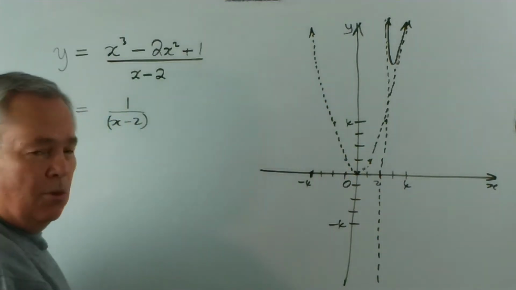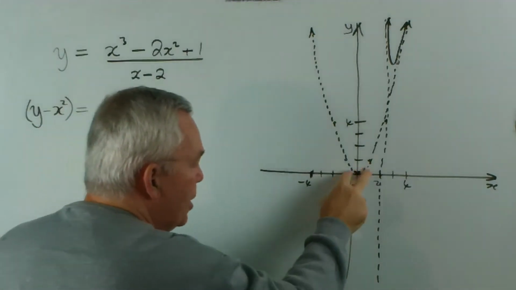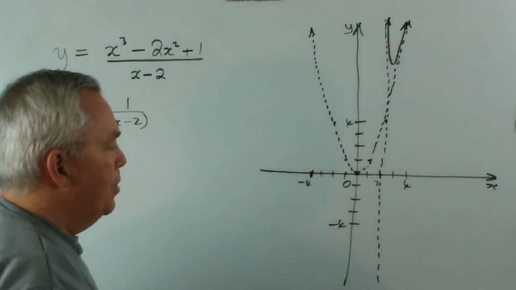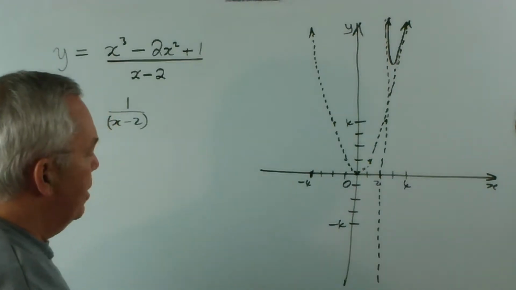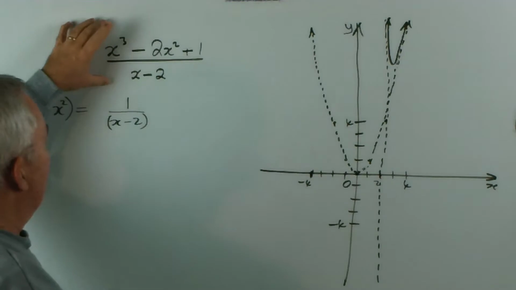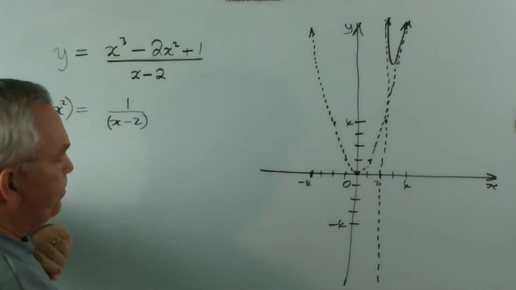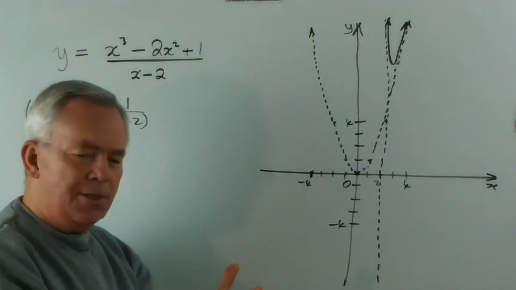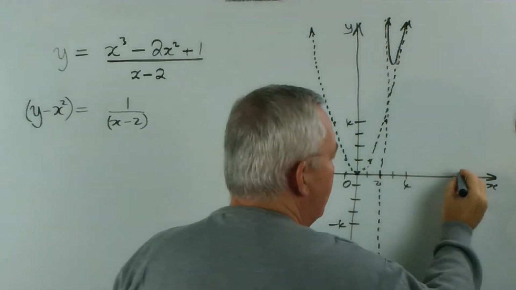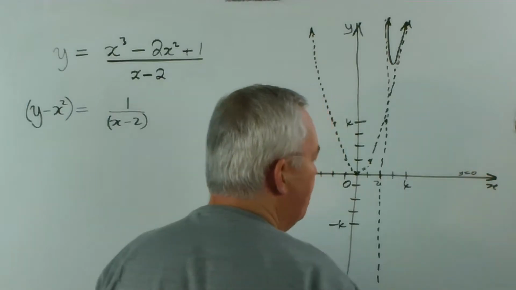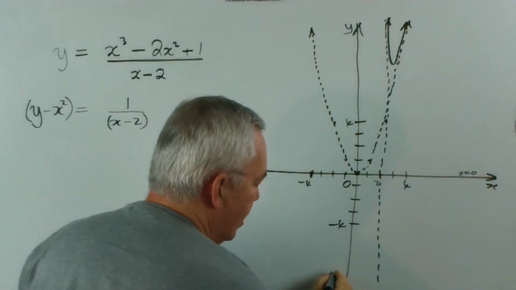Now, one's fairly small, and I'm curious to know just where things go, which means I find the x and y intercepts. So I go back to my original form of the equation, and I'm going to substitute x equals 0 and y equals 0 to find the intercepts. Remember, the x-axis is y equals 0, and the y-axis is x equals 0.